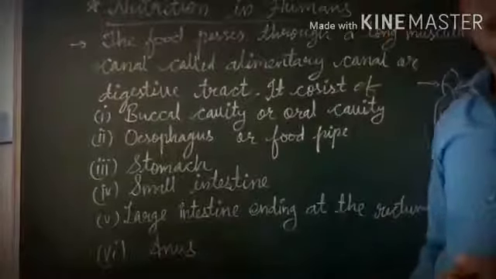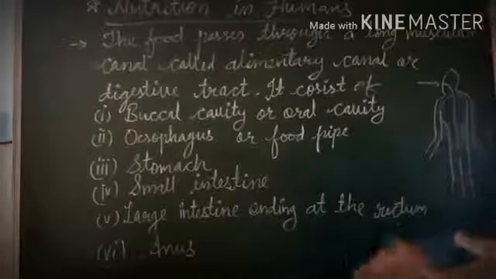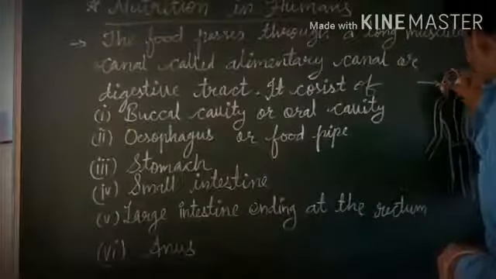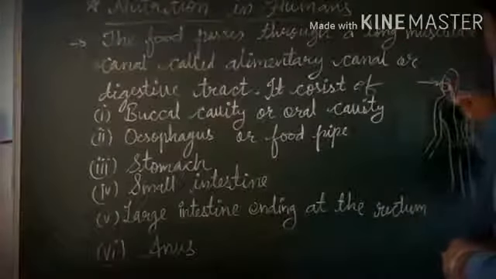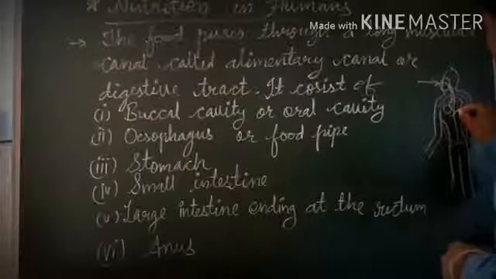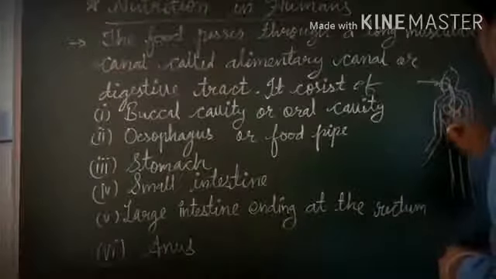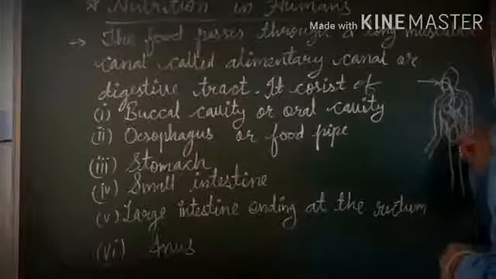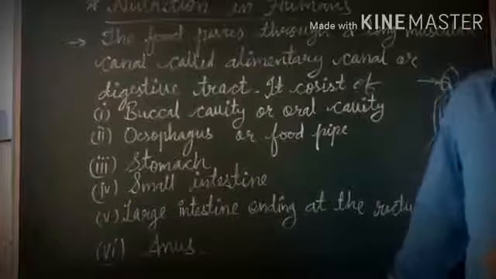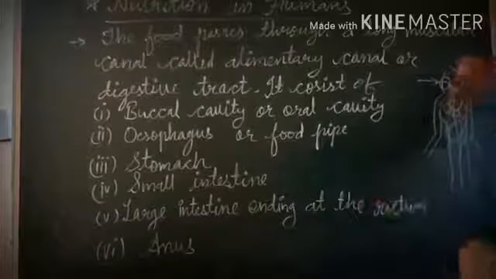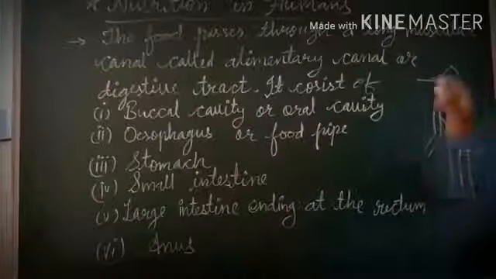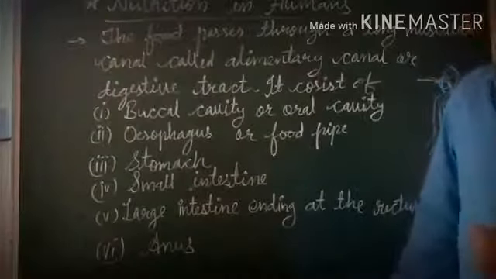The human body is a complex structure where food goes through the buccal cavity, the esophagus, the stomach, the liver, pancreas, small intestine, large intestine, rectum, and anus. In this way, the human body is a complex structure. So there is this whole path from the buccal cavity to the anus, including all the glands also.